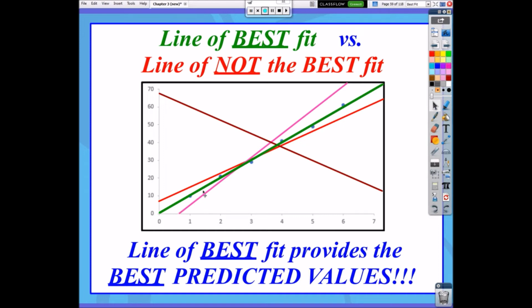Their slopes are slightly different here, but you wouldn't want to use that red line to make predictions when the green line makes the best possible predictions. So I just want you to understand here that there's only one line of best fit, and there are infinitely many other lines of not best fit. But the line of best fit provides the best predicted values.